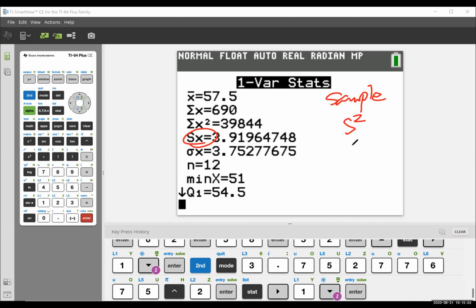If the question is find the sample variance, instead of this one, you use this number, 3.91964748. You square this and you will get the answer. So Sx is the sample, and this one is the population. So please pay attention to the notations.